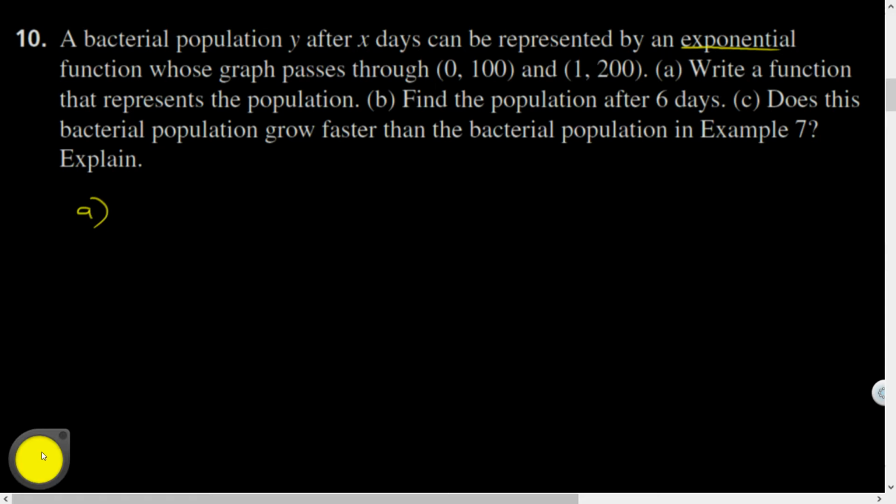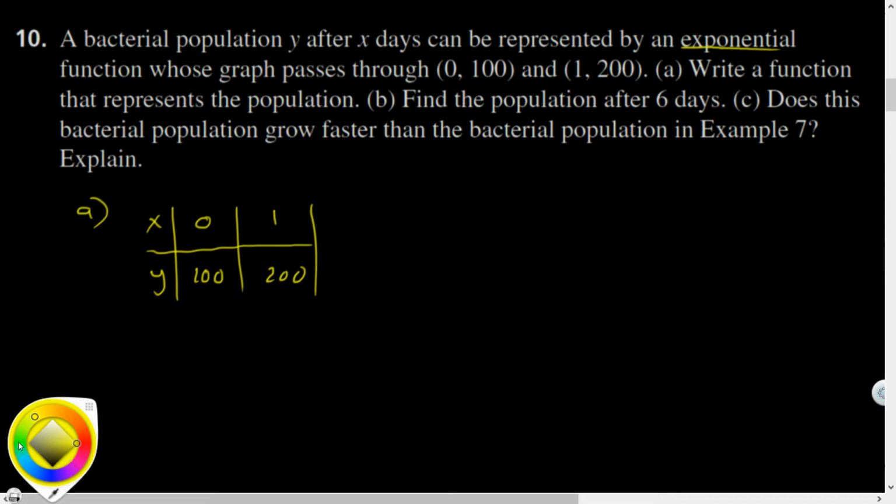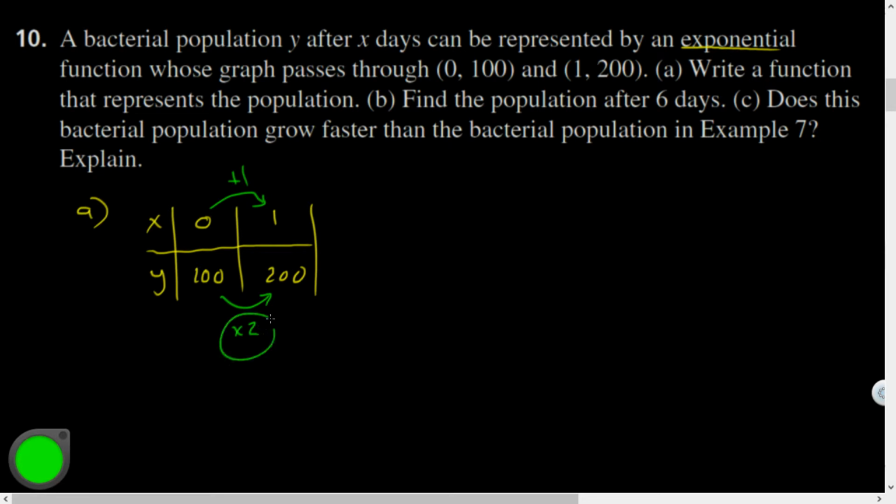So the question is, if I make a little table of values, 0 and 100 went to 1 and 200. So the population, it doubled, right? So over an increment of 1, the population multiplied by 2. And the reason I didn't need more points to recognize a pattern is because they told me it was exponential.